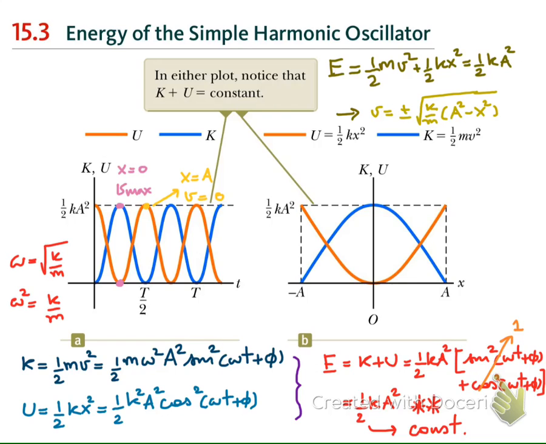And if you sum up the values at any position x of the blue curve and the orange curve, you will get a constant that equals half of k A squared. Again, it confirms the conservation of energy for the force that obeys Hooke's law.